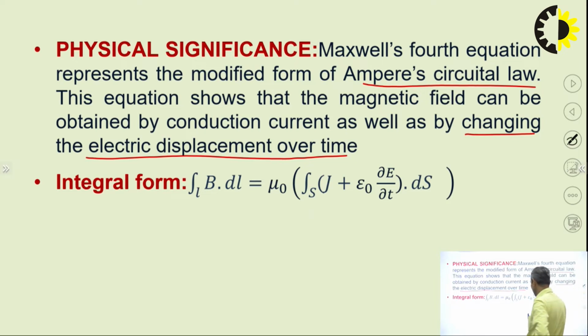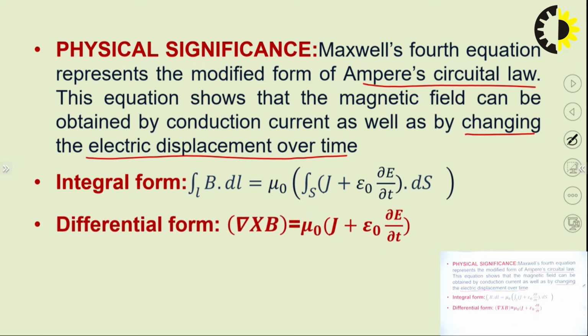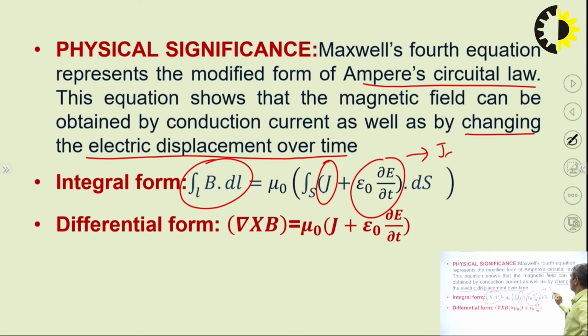This is the integral form and this is the differential form. So the line integral of the magnetic field over any closed loop is equal to J plus this term, where J is the conduction current density and this is the displacement current density, known as JD.